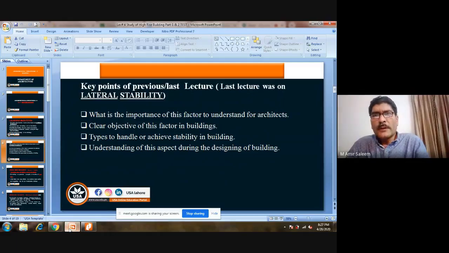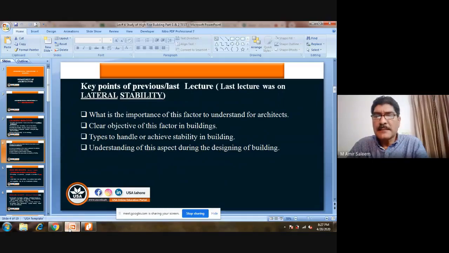In the last lecture, we discussed that Lahore and Islamabad are in a zone 2 area with respect to earthquakes. So in our capital cities, Islamabad and Lahore, we design every building for a Richter scale of 7, as given by the government.